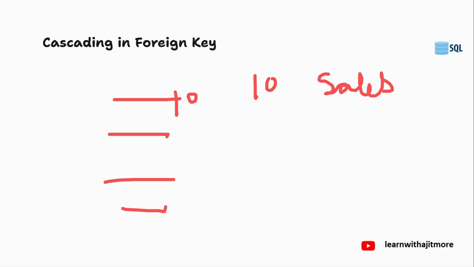So the first rule I said: on delete or on update, cascade. What does the word cascade do? If you give cascade, then if the parent is deleted or modified, the children who are referring to that parent are also automatically deleted. For example, you delete department 10 sales.